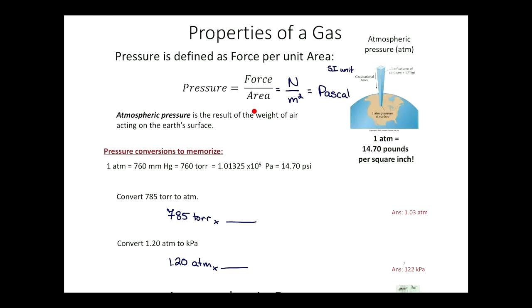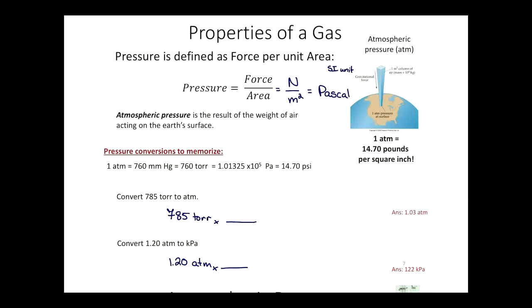The SI unit for force is a Newton, like in your physics class, over a unit area, and the SI unit for area is meters squared. So it's a Newton per meter squared, and 1 Newton per meter squared is a Pascal. That's the SI unit.